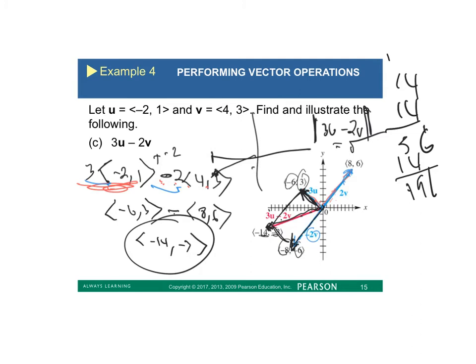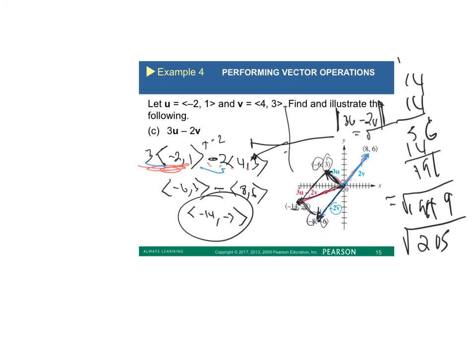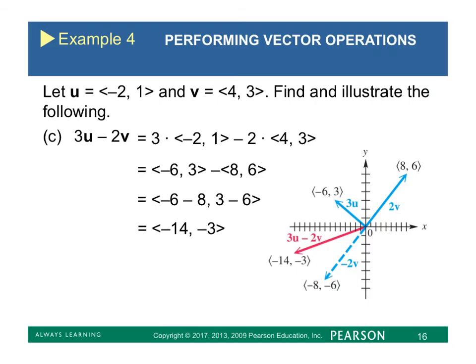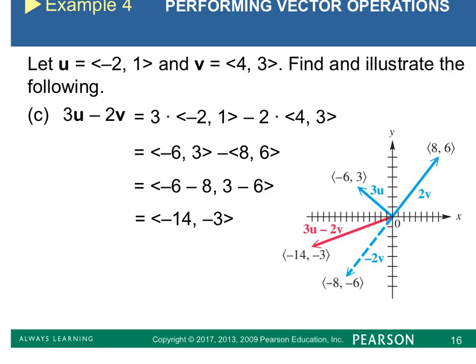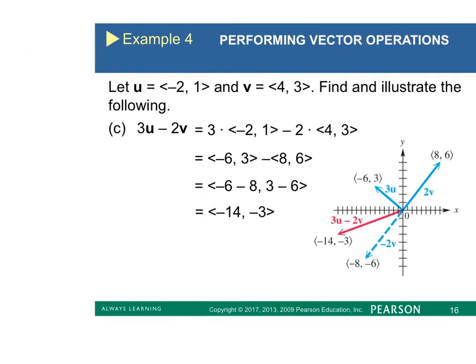So the square root of 196 plus 9. 196 plus 9 is 205. Square root of 205, if you had to do it. All right. Let's see if we're right. Well, yeah, of course we're right. I had the picture on the other screen. Duh.